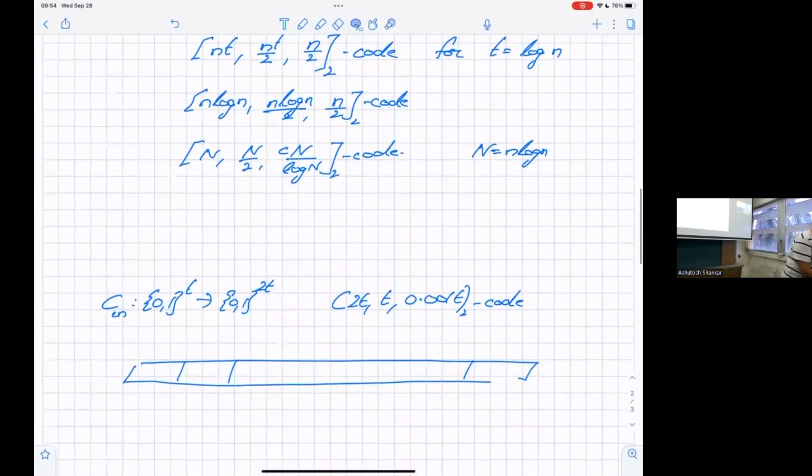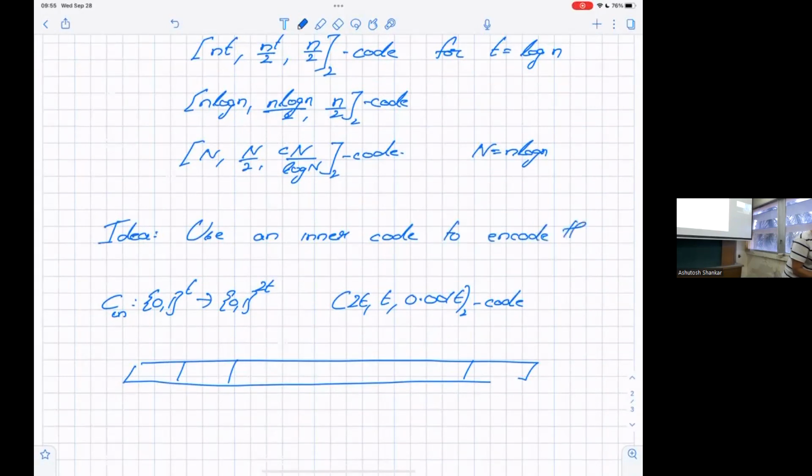So the idea here is going to be to use an inner code to encode the symbols of F2T. That's the crucial idea.